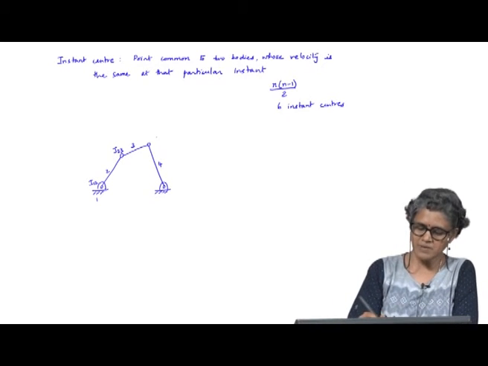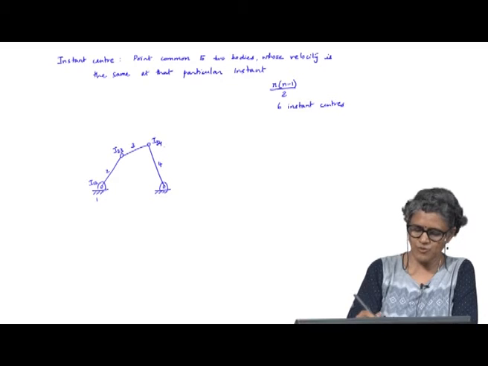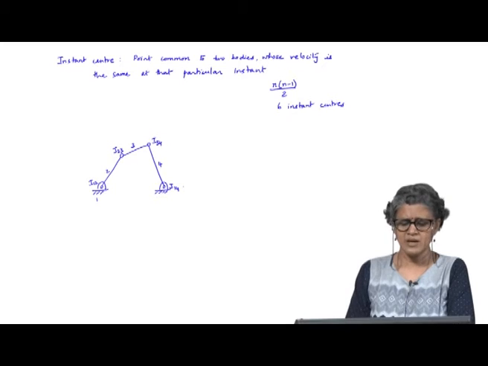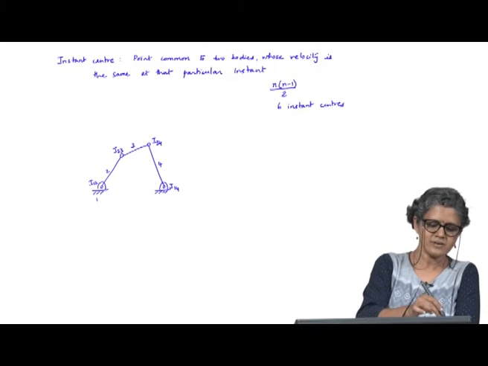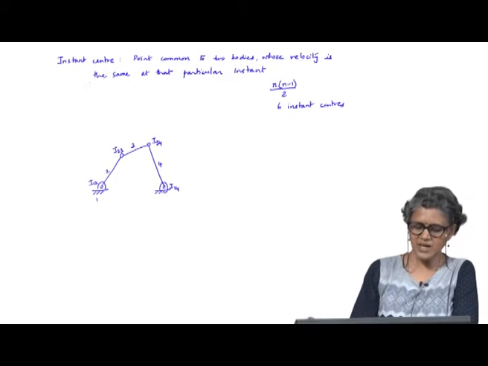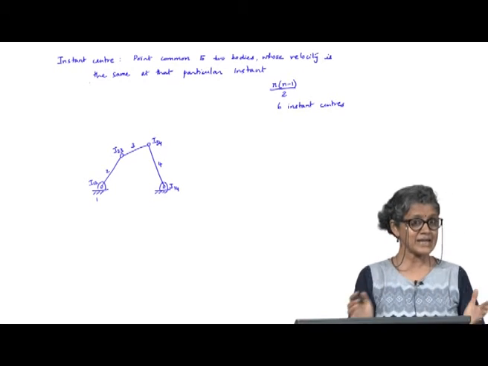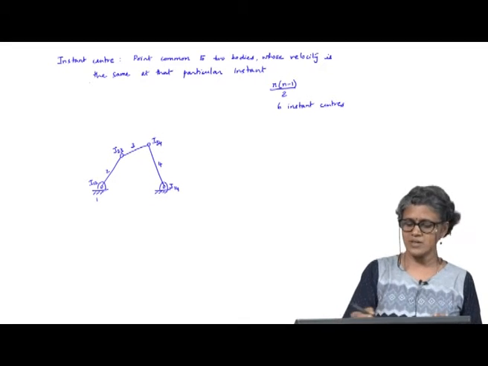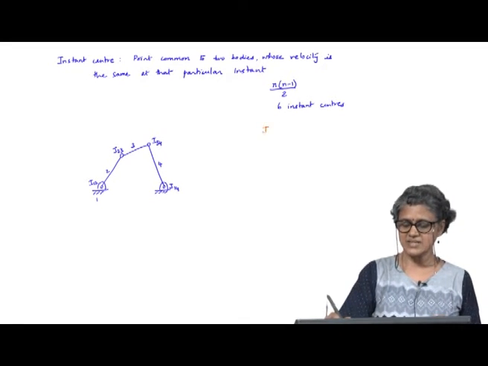So, this is I23, then I have I34 and I14. Now, we have to find a couple more instant centers. The ones that are missing are for bodies that are not directly connected to one another. So, here the missing instant centers are I13 and I24.